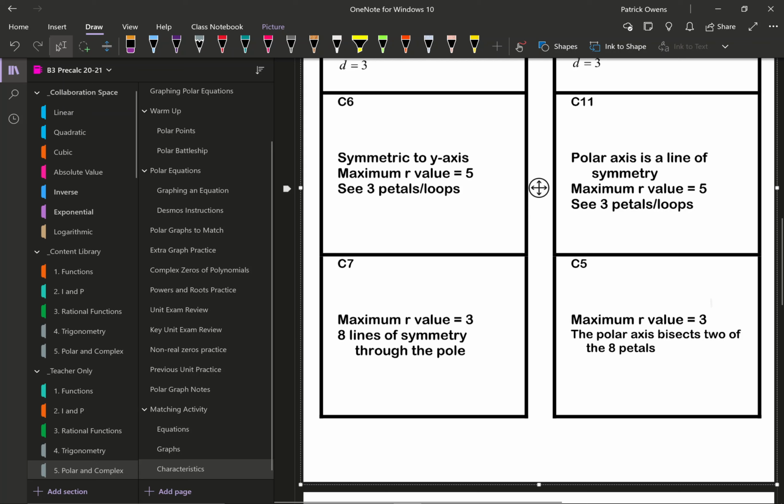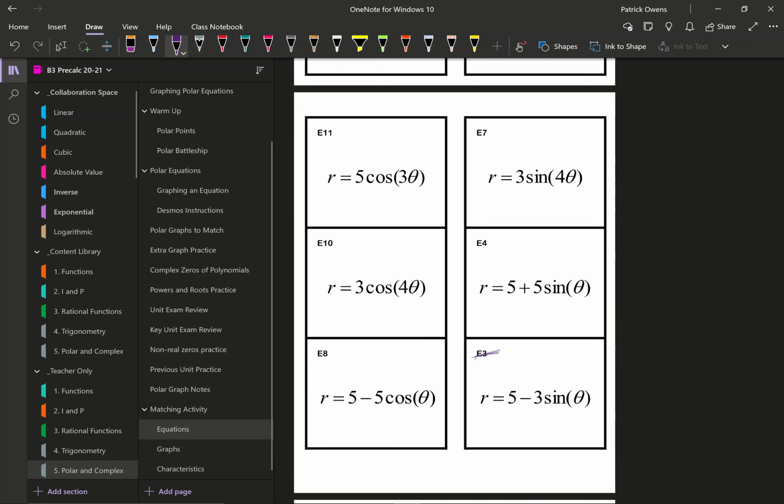Let's take a look at E4. All right, so we've got 5 plus 5 sine of theta. With sine, we've got the y-axis as our line of symmetry. 5 plus 5 sine of theta tells us we have a cardioid. So it's going to be G4.